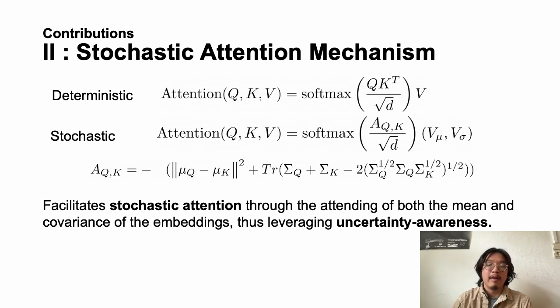We try to use a FID distance, which is a formulation of the 2-Wasserstein distance of the distributions. From there we can calculate the difference or the product between distributions with the FID distance. This facilitates stochastic attention, leveraging uncertainty awareness in the training.